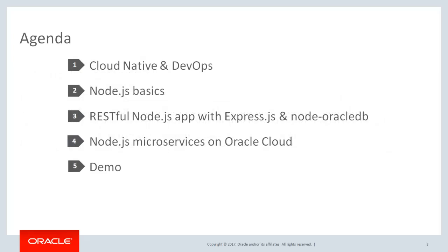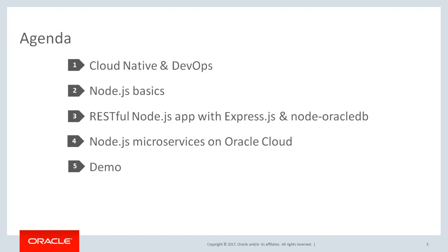Here is a high-level overview of what we are going to cover today. To set the context, I will start with a general introduction to cloud native applications and DevOps. Then we'll look at some of the basics of Node.js, followed by an example application which involves building a RESTful API using express.js and the Node Oracle DB driver.